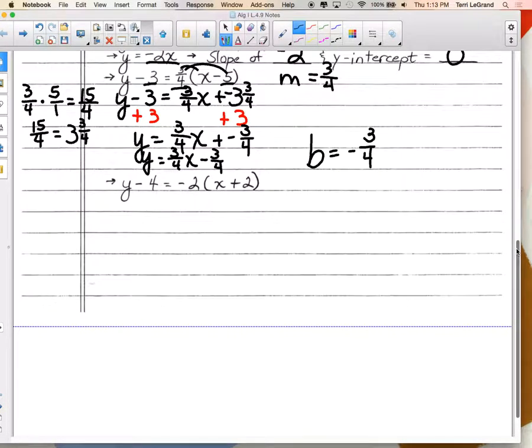y minus 4 equals negative 2 times x plus 2. Point slope form, right? What's the slope? Negative 2. What's the ordered pair that's being represented in that one?